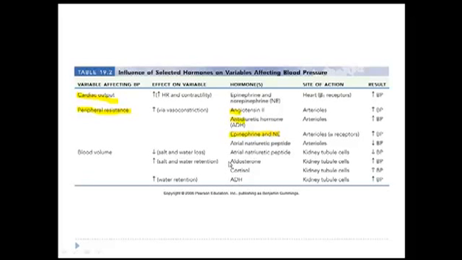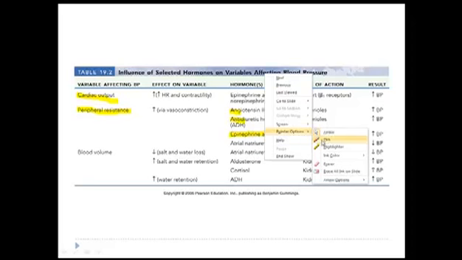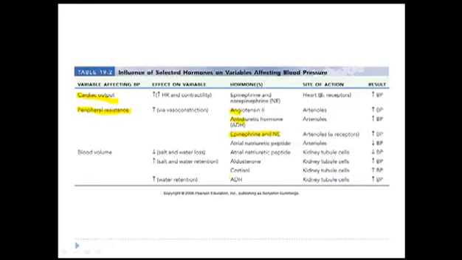They will help with increasing water retention. Aldosterone will help you conserve sodium, and as we said, where sodium goes, water follows. And ADH, antidiuretic, means that you will decrease the formation of urine, so we will increase our water retention overall.